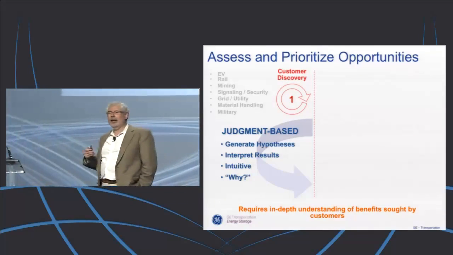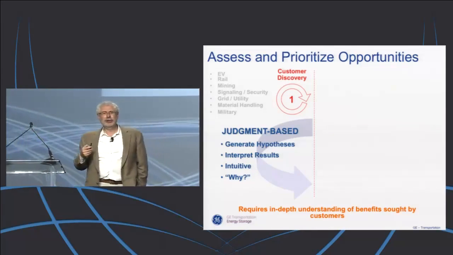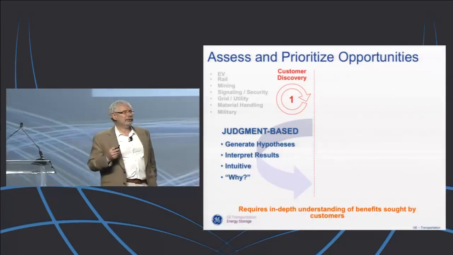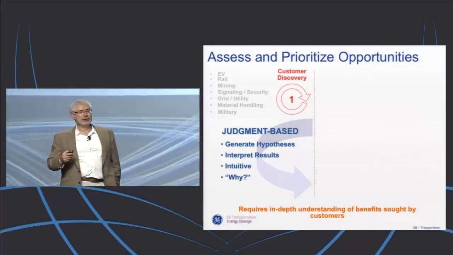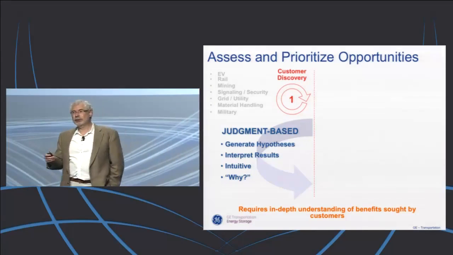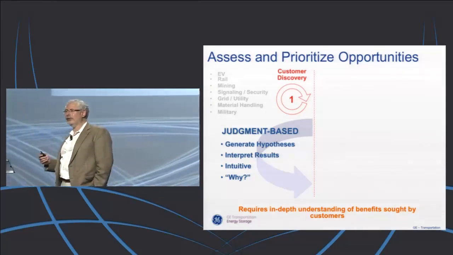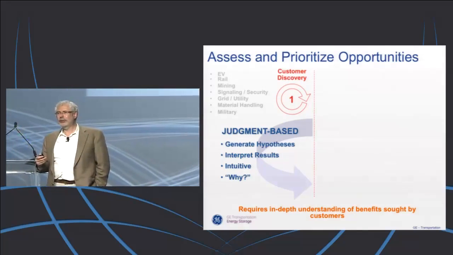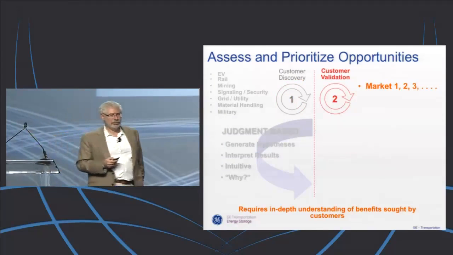And in the last 2 years, the top 5 executives have probably flown 1 million miles each, in every major continent, asking customers what their needs were and trying to understand them.